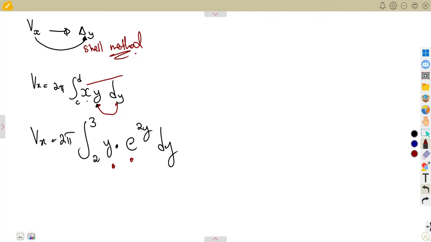From our by parts, we know it was supposed to be like this, the integral of f of x, this and that. But now it's no longer f of x, there's y there. So it's going to be the integral of f of y, g prime y dy, equal to f of y times g of y minus the integral of f prime y times g of y dy.